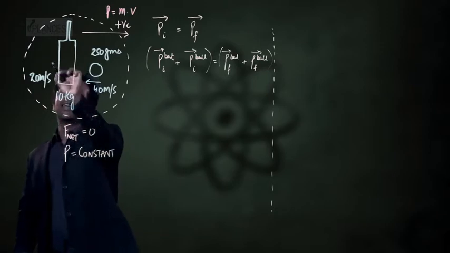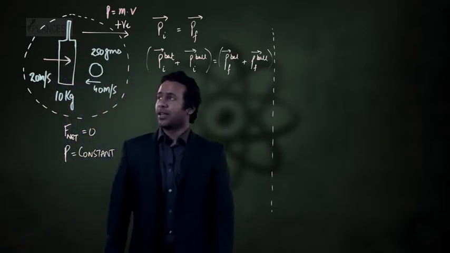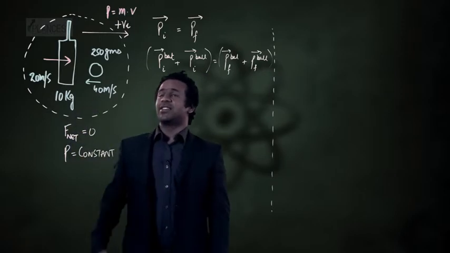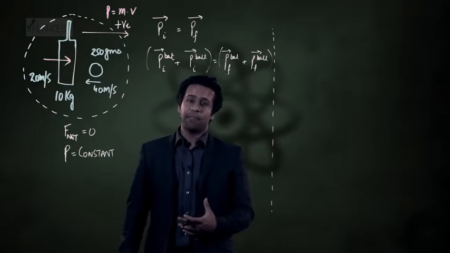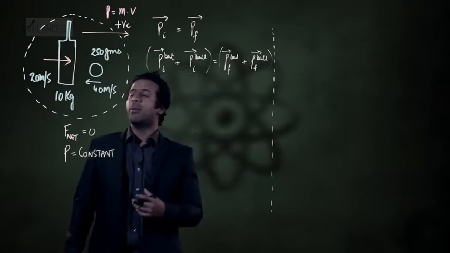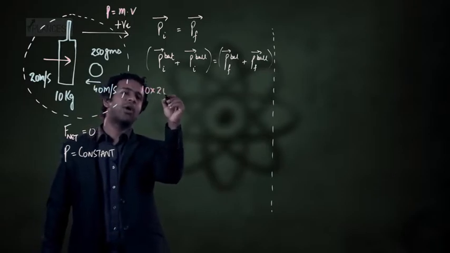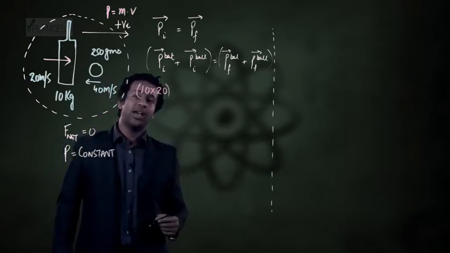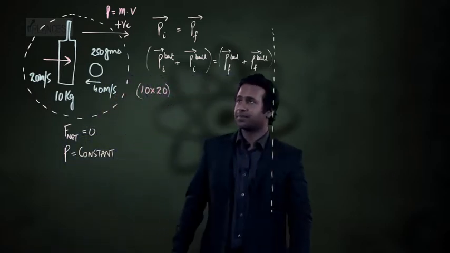So we can say that the bat must be moving in this direction. This is the direction which we have assumed as positive, and hence the initial velocity of the bat is positive. So the initial momentum becomes the mass of the bat times the velocity of the bat, which is plus 20, and this term clearly is 200.